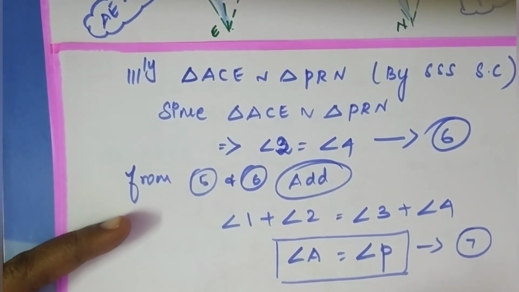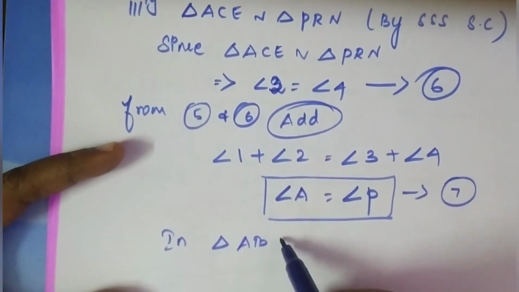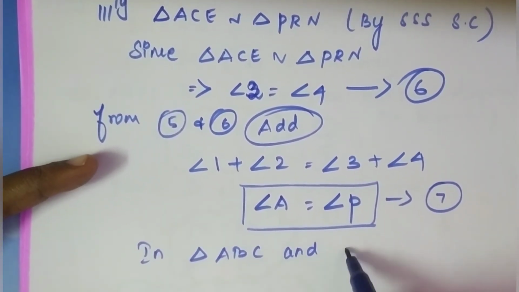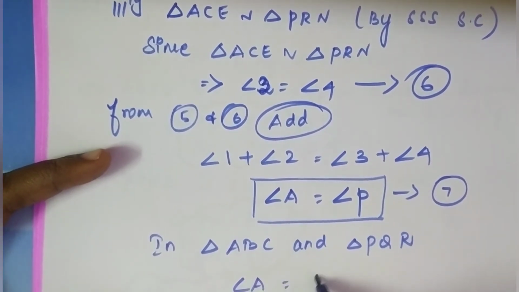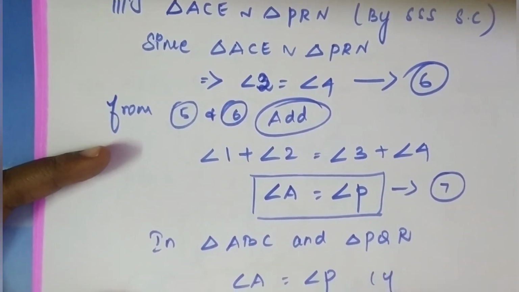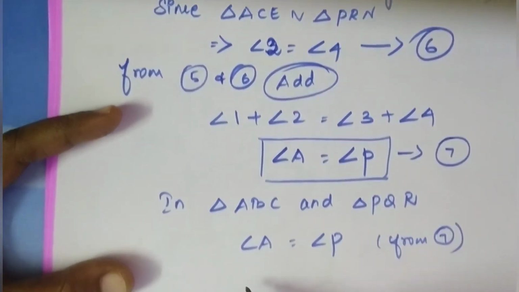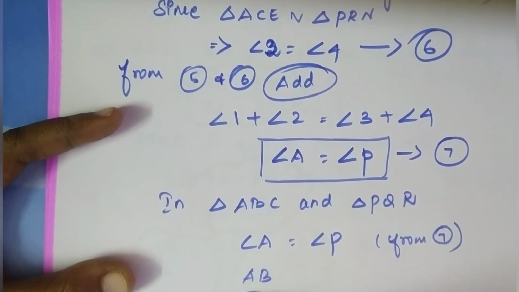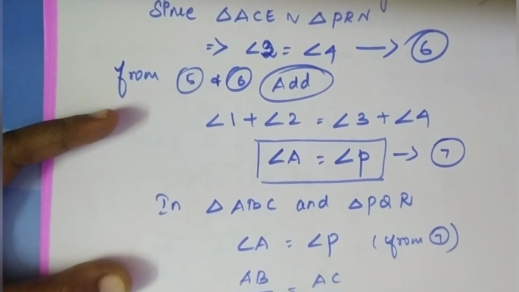So in triangle ABC and triangle PQR, angle A is equal to angle P from 7, and the sides are in proportion, AB divided by PQ and AC divided by PR.